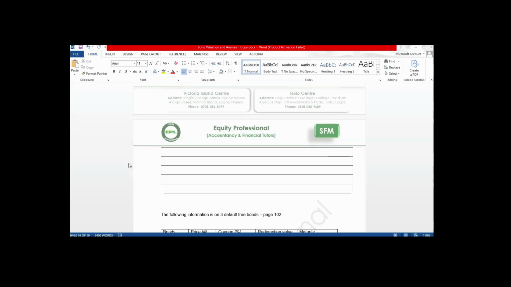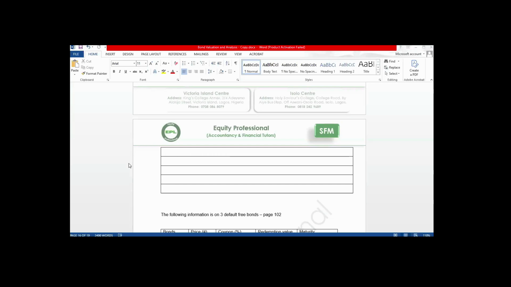In the second question we solved last week, we were not given the spot yield, and we demonstrated how to calculate the spot yield when we are not given. We now use the spot yield to value the bond.